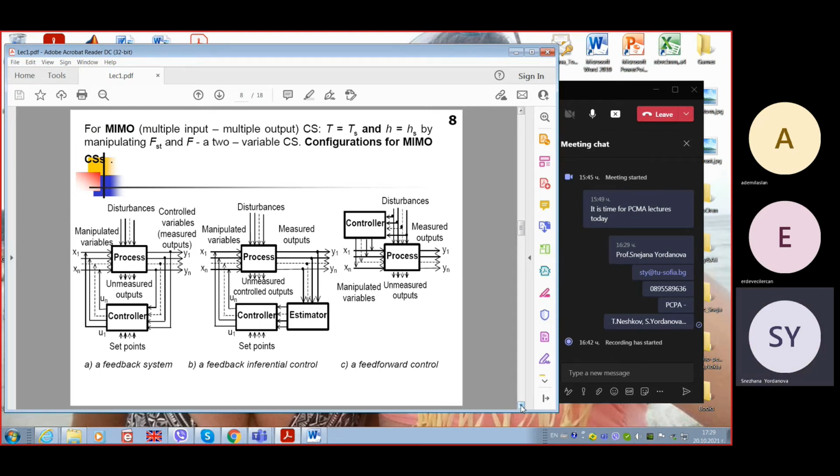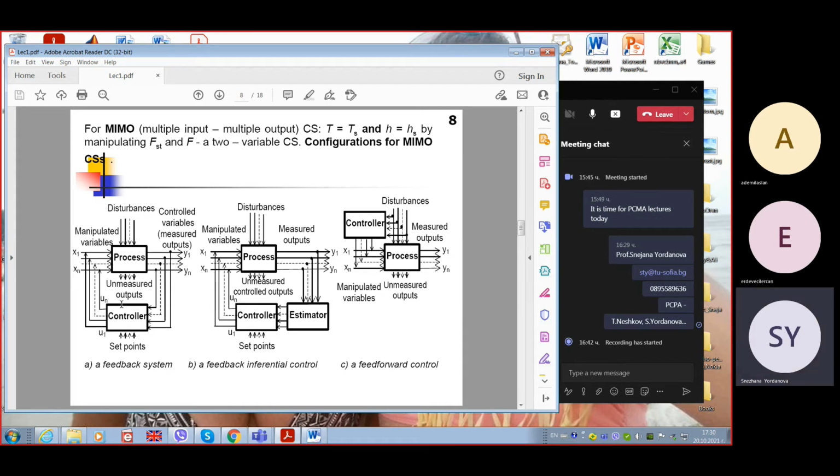If we have several outputs that characterize a process and several manipulated variables, one manipulated for each output, and the manipulation of X1 influences all outputs, we have a MIMO, multiple input, multiple output system, and the controller is a MIMO controller or multivariable controller.